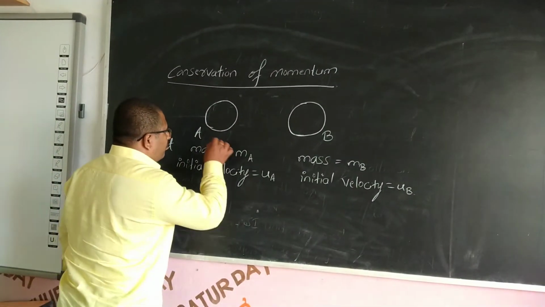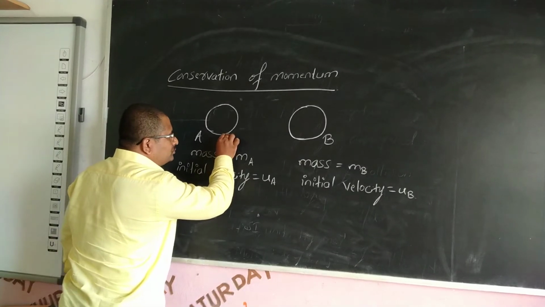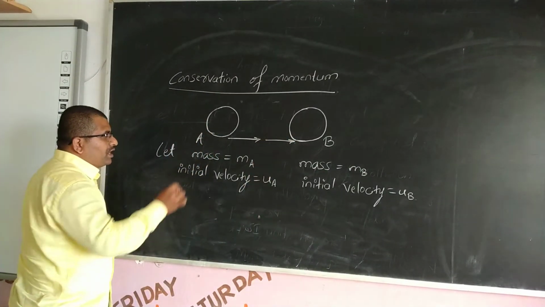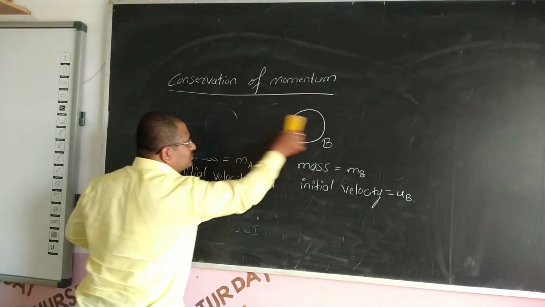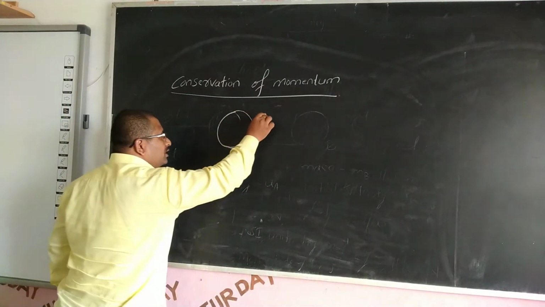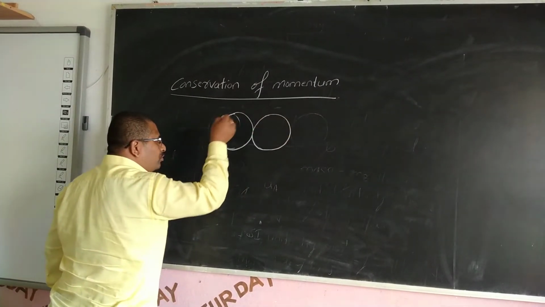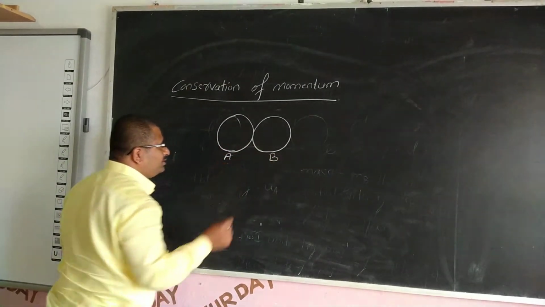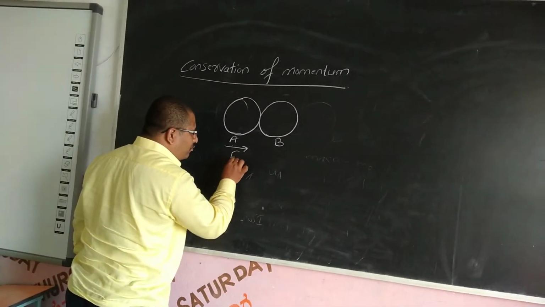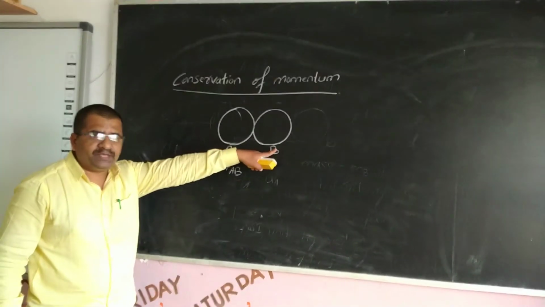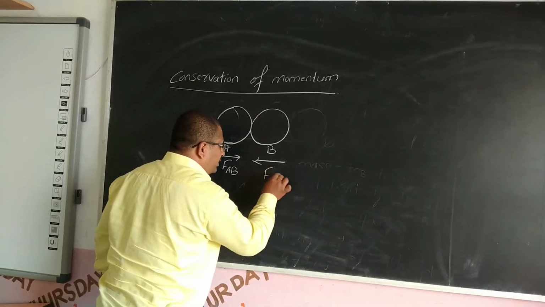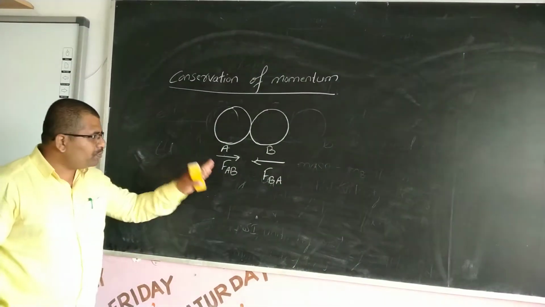Ball A started to move towards ball B and collided with ball B. While in collision, ball A exerts a force FAB on ball B, and according to Newton's third law of motion, ball B exerts an opposite force, named FBA, opposite in direction.